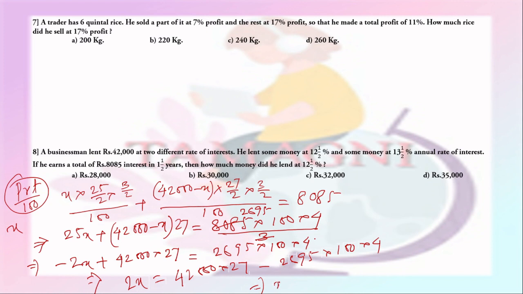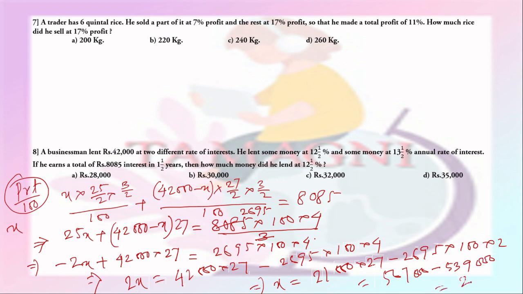So this gives x equal to, on dividing both sides by 2, we get 21,000 into 27 minus 2695 into 100 into 2, which is equal to 567,000 minus 539,000, which is equal to 28,000.